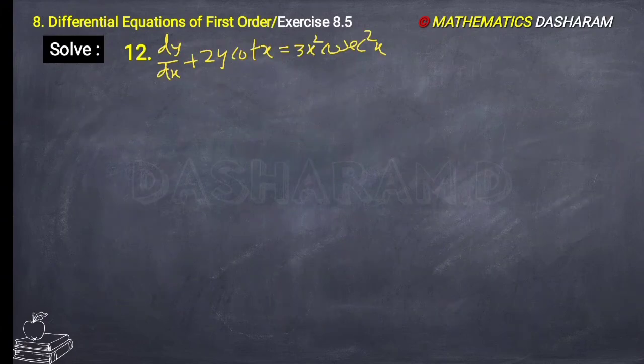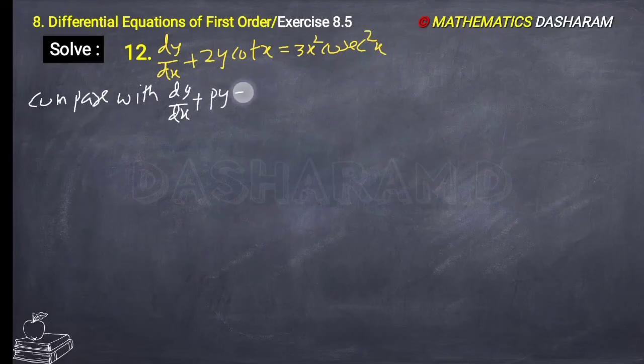12th question, dy by dx plus 2 into y cot x equals to 3x square into cosec square x. So let's compare with the standard form dy by dx plus p into y equals to q. So then the integrating factor is e to the power of integration p dx.